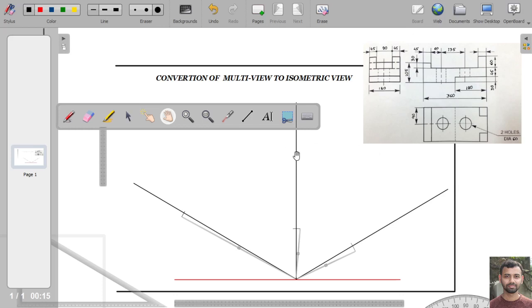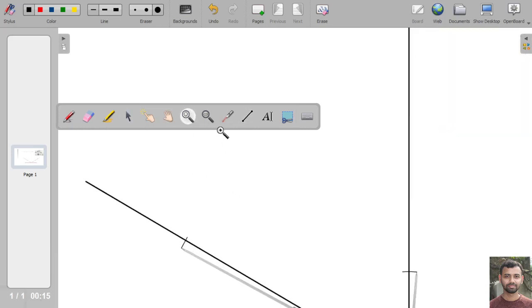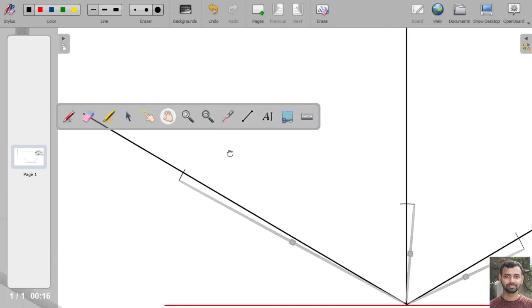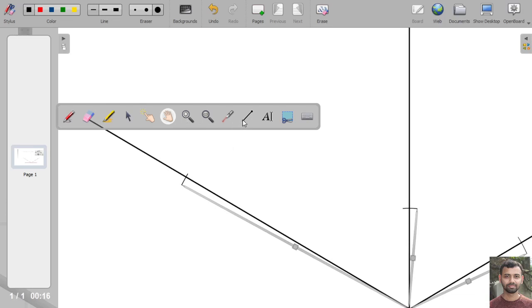So the first step is, now we will make the box. To make the box, we will draw the isometric lines. From this point, I have drawn one isometric line.